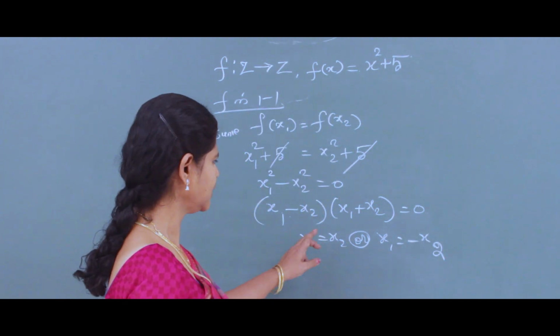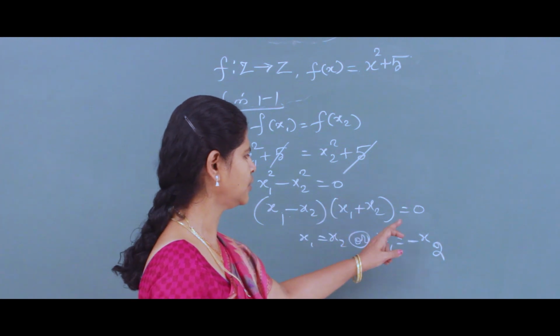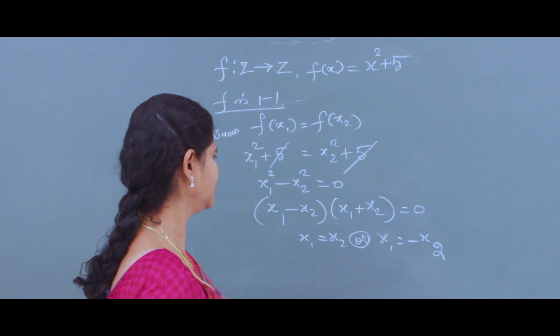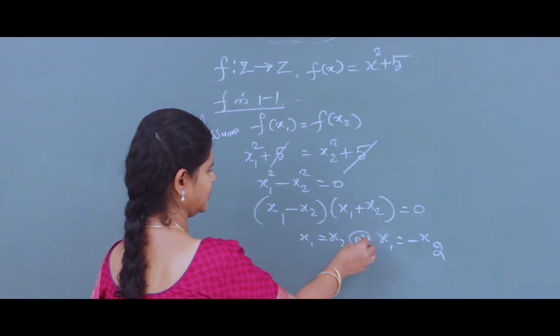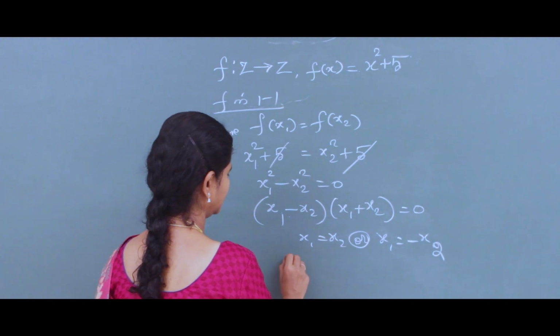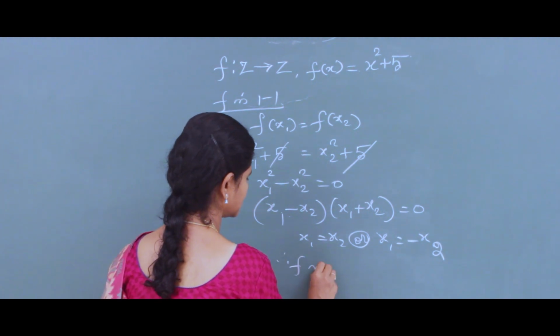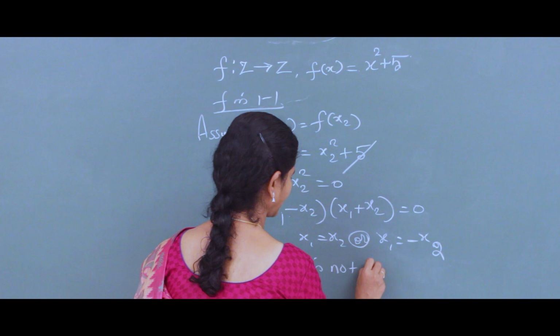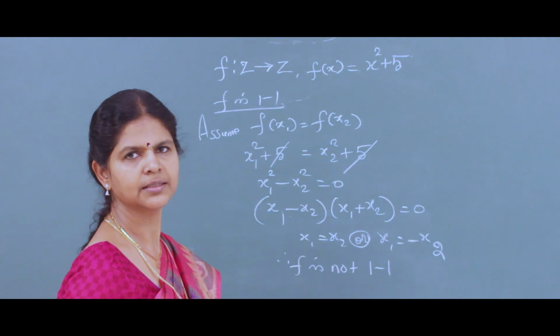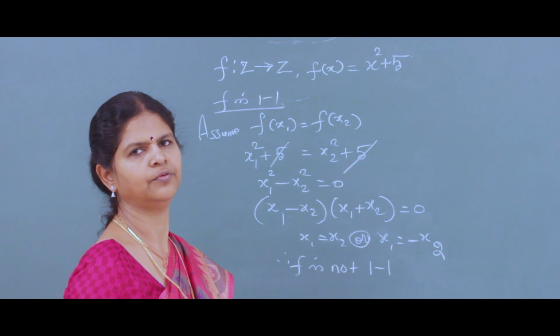Here the same element x1 equal to x2, but here x1 equal to minus x2, and you get a distinct image. So a single element has two different images. Therefore, f is not 1 to 1. Okay, f is not 1 to 1 means f is a many one function.